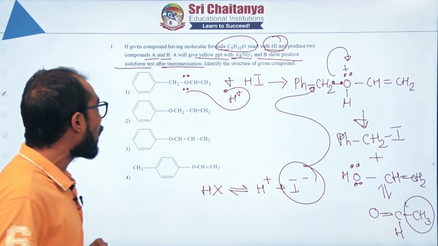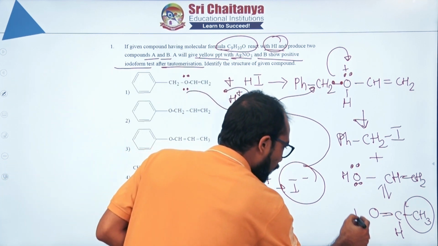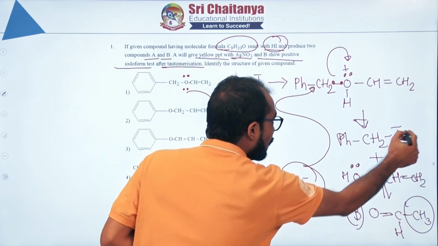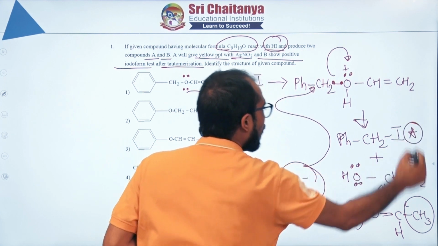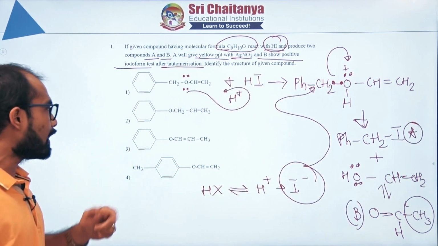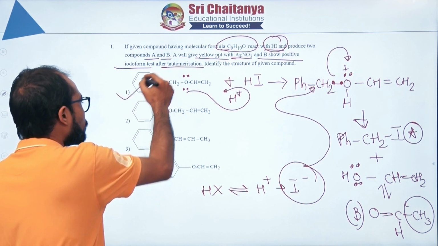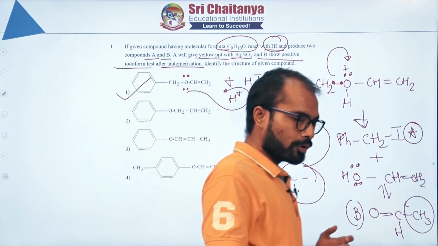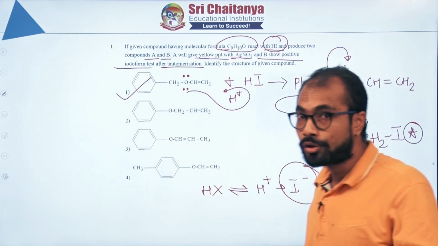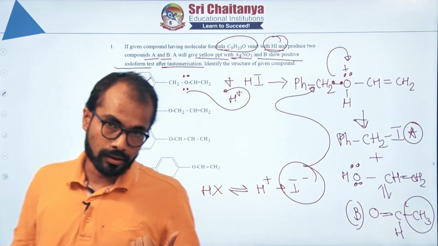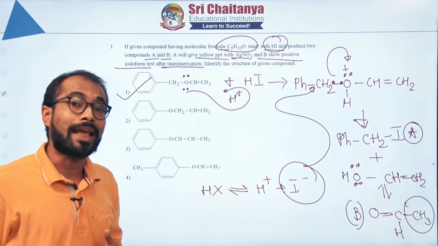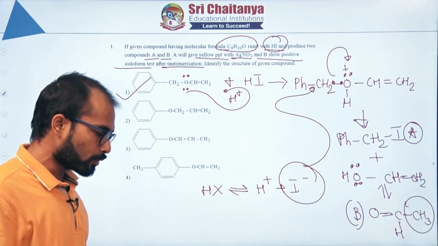So, this is my B, while this is my A. So, this clearly gives you option number 1. In other options, you are not going to get the same product and they are not going to give you the iodoform test as well as the PPT with AgNO3. So, quickly we will move on to the next question.